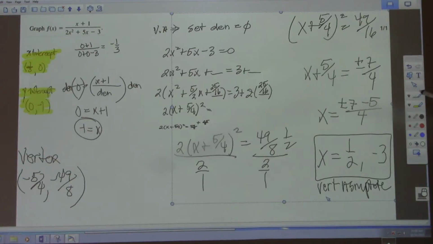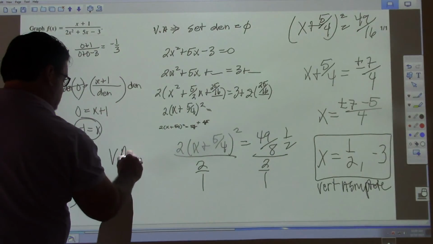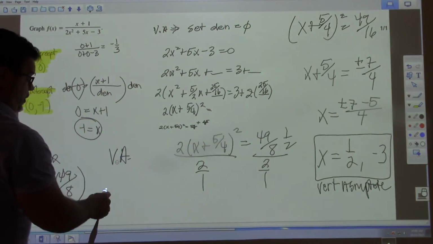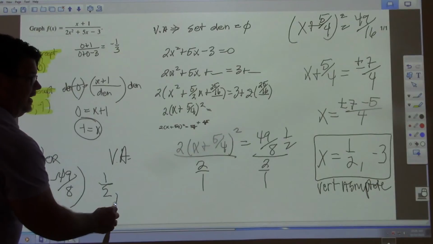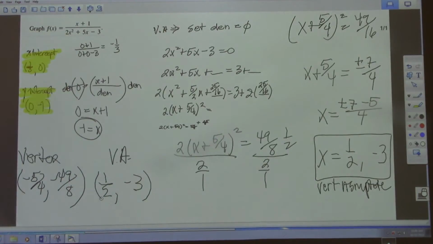Anyway, that's that. So you can put the vertical asymptotes right here. Is 1/2 and -3. Okay, so we've got the x-intercept, we got the y-intercept, we got the vertex, and we got the vertical asymptotes.